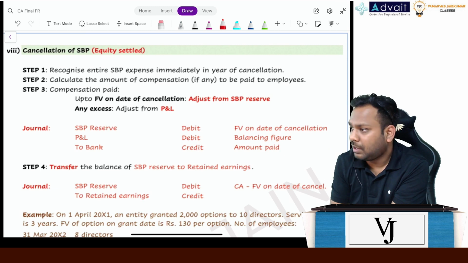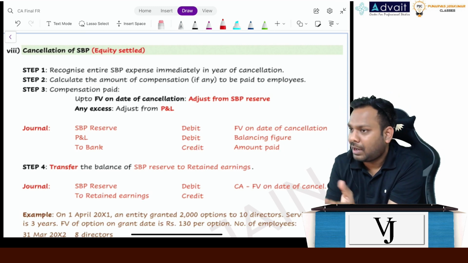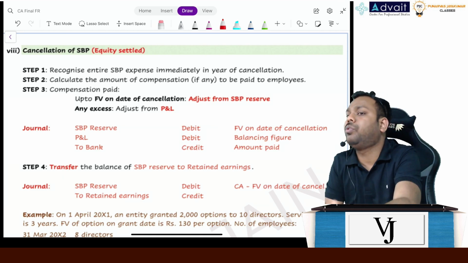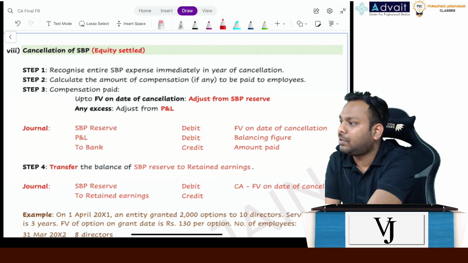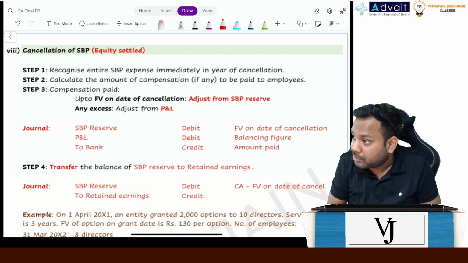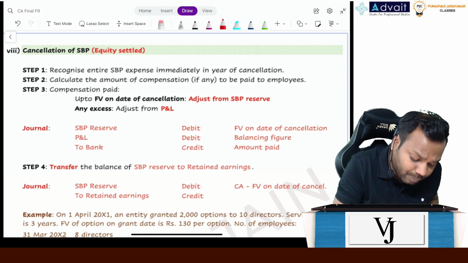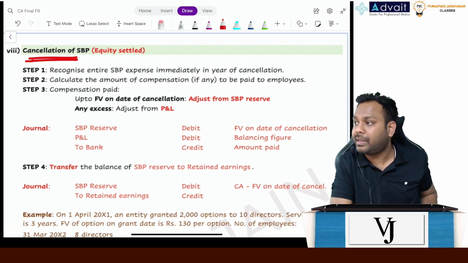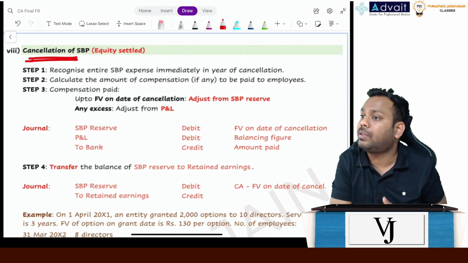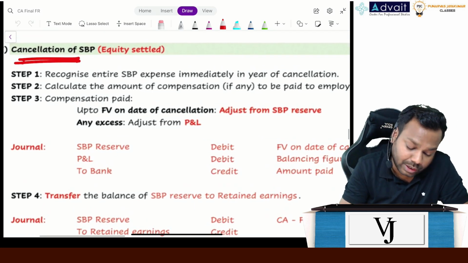The money, right? Whether you give in equity or cash doesn't matter, right? So they say, I will not give you equity, I will give you cash, but I'm cancelling these ESOPs. Because for the promoters, the equity holding matters, right? So the ESOPs get cancelled, but the amount is paid to the employees in the form of cash.